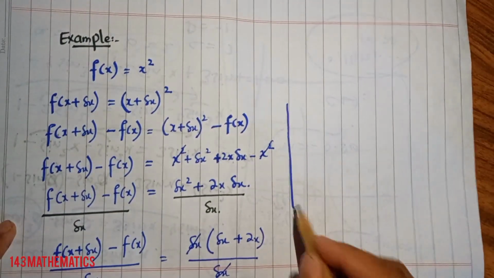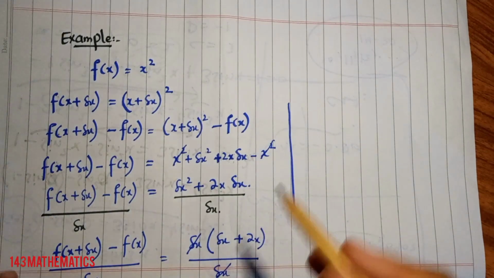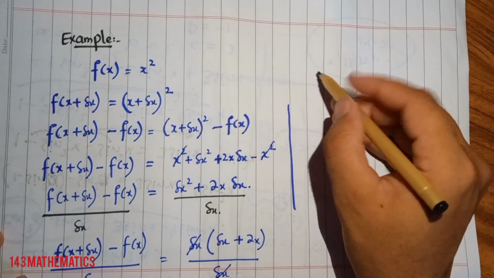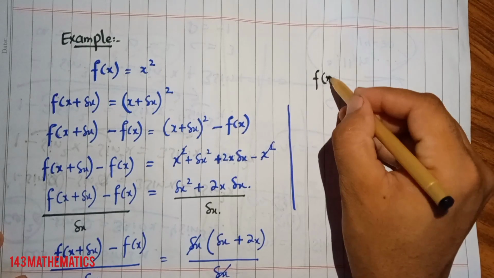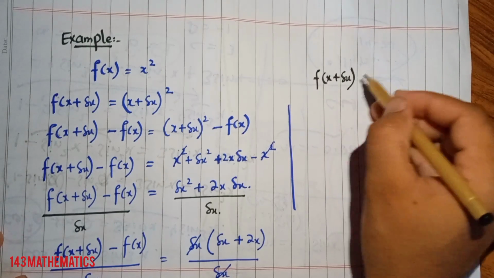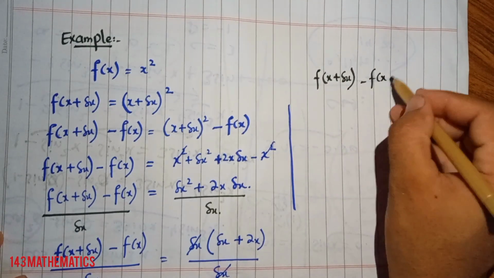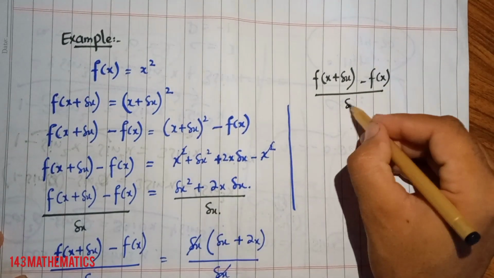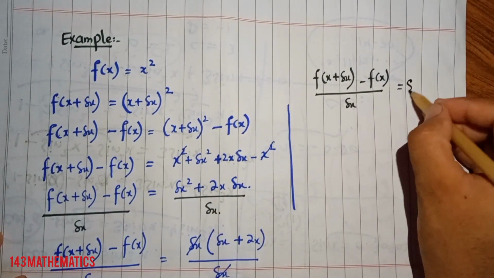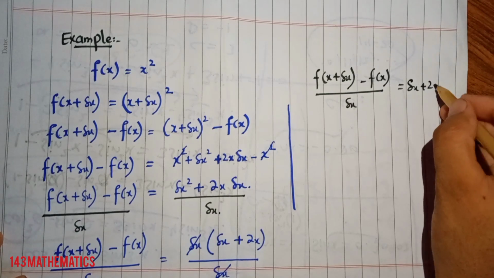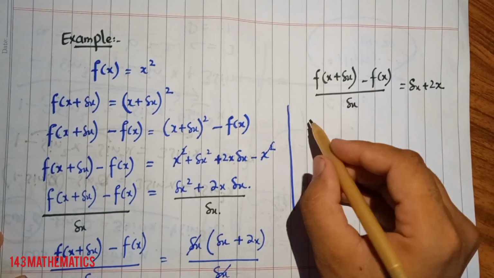So this will be equal to f of x plus delta x minus f of x divided by delta x is equal to delta x plus 2x. So we will apply limit on both sides.